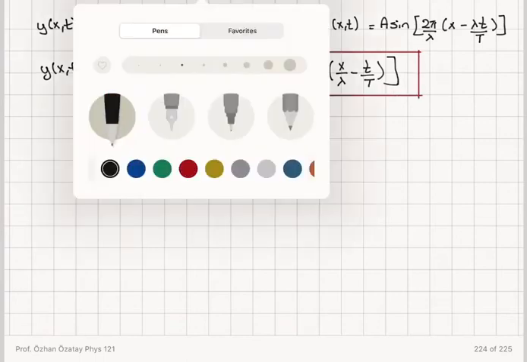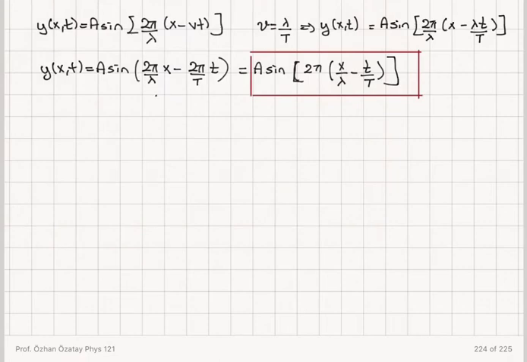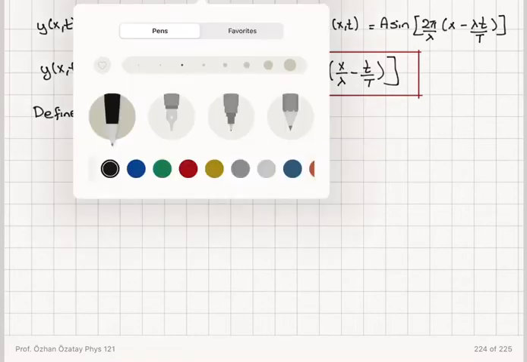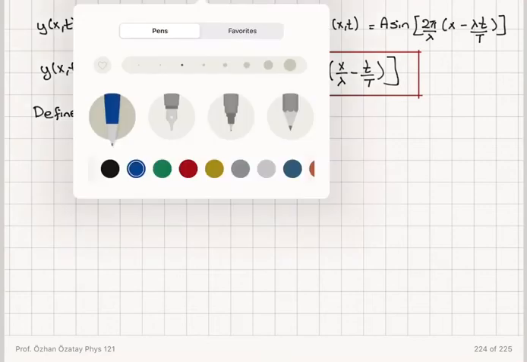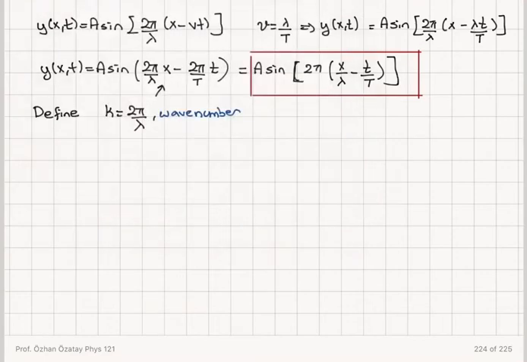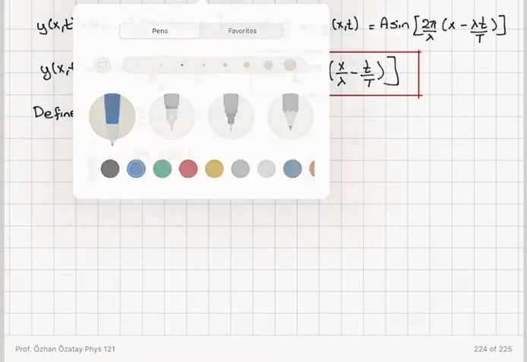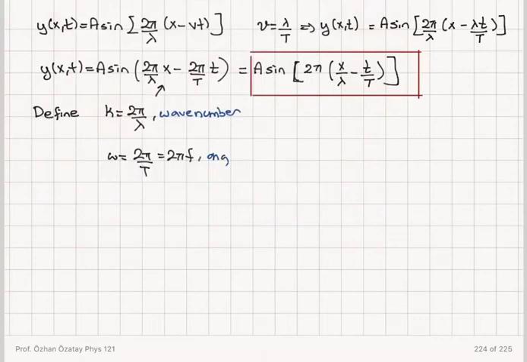And just looking at what I have done right here, if I define 2 pi over lambda to be the wave number k, 2 pi over lambda is defined as the wave number, and omega, which is 2 pi divided by the period, or 2 pi times the frequency, is defined as angular frequency.